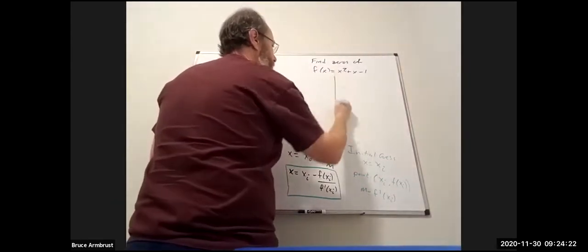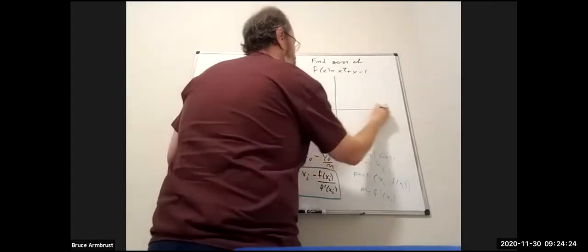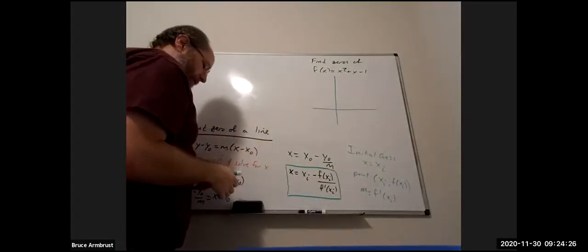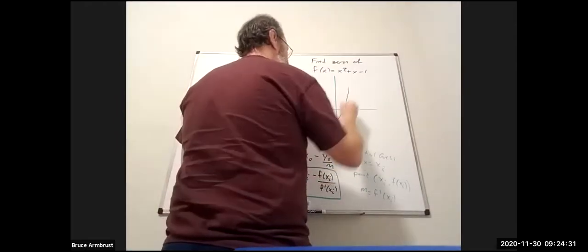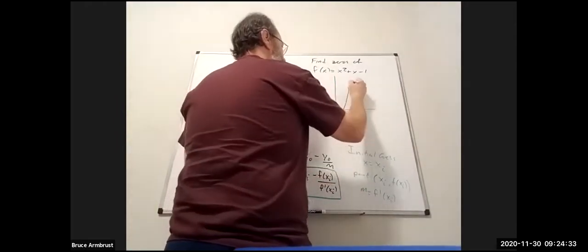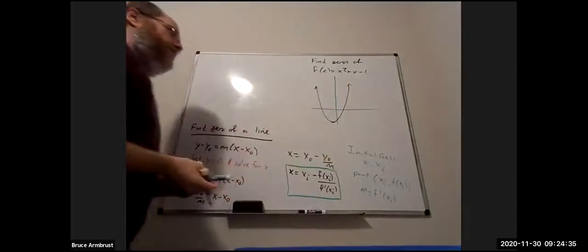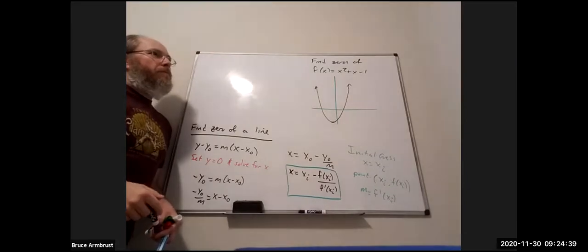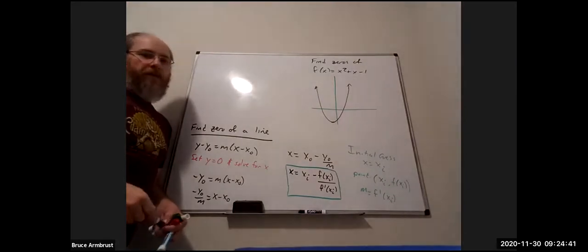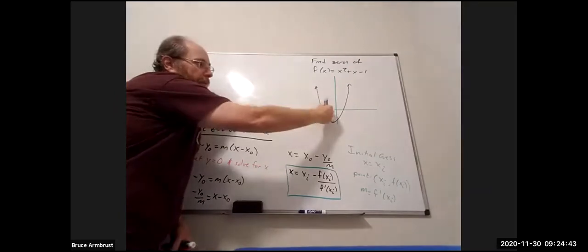Okay, so we're going to draw the graph of it. Looks something like this. The vertex is at -1/2.